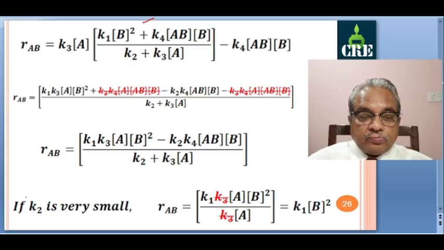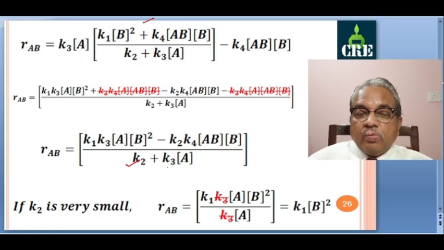Same term. Now here K2 is very small as compared to K3, because K3 is the forward rate constant of the second reversible reaction. This is the reverse rate constant, and for the reactions to be feasible the reverse rate constant must be a small value. So this will cancel out as compared to this we are adding.